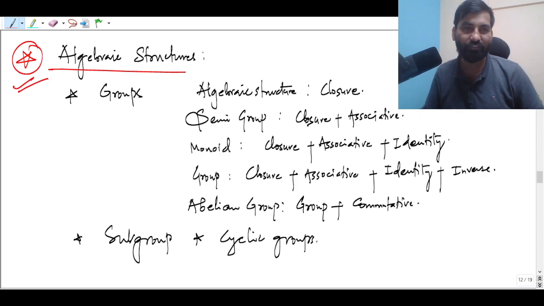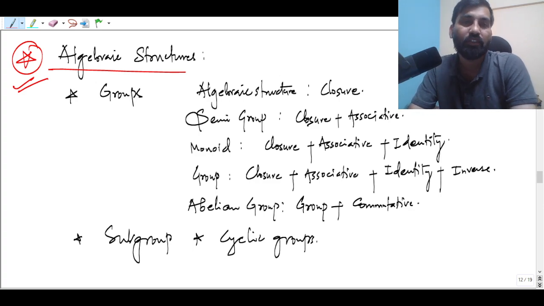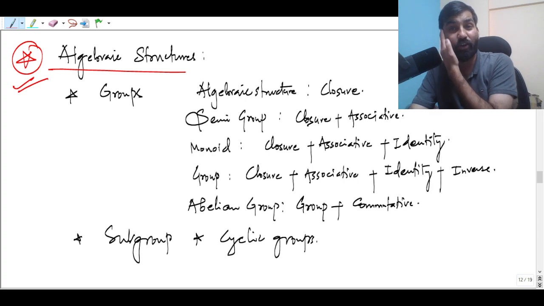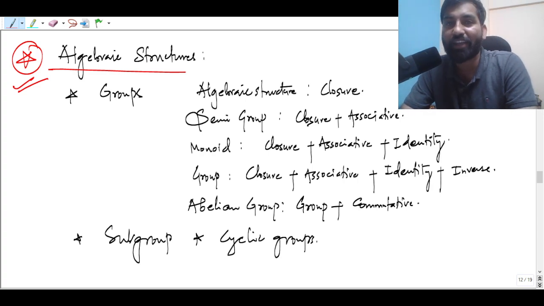So we'll talk about algebraic structure after completing relations, posets and Hasse diagram. We'll talk about groups. As I said, algebraic structure. Under algebraic structure we will talk about groups, closure, semigroups.